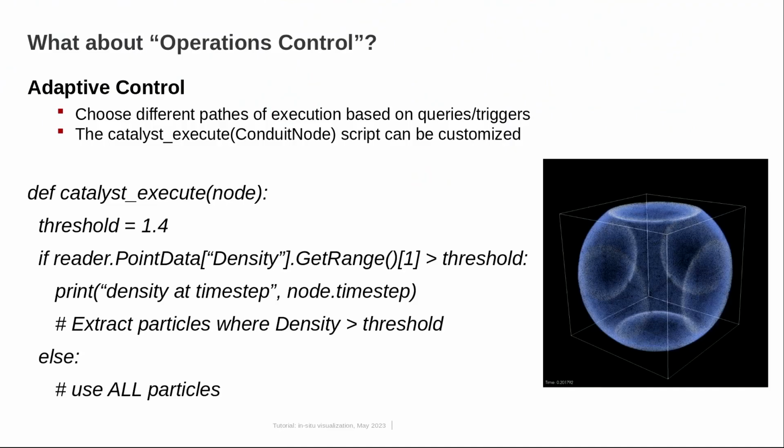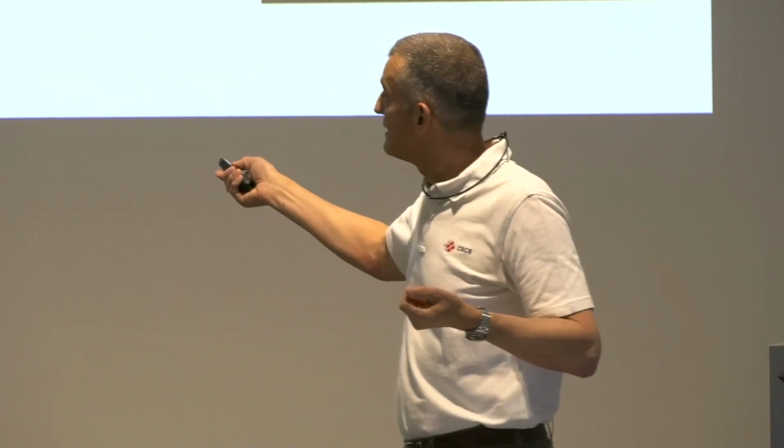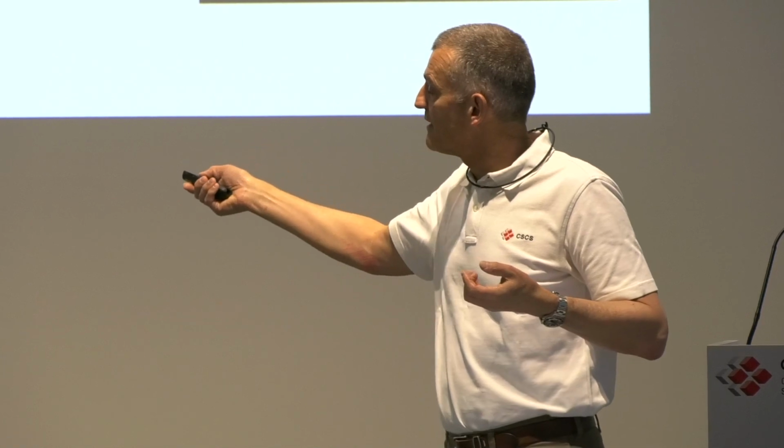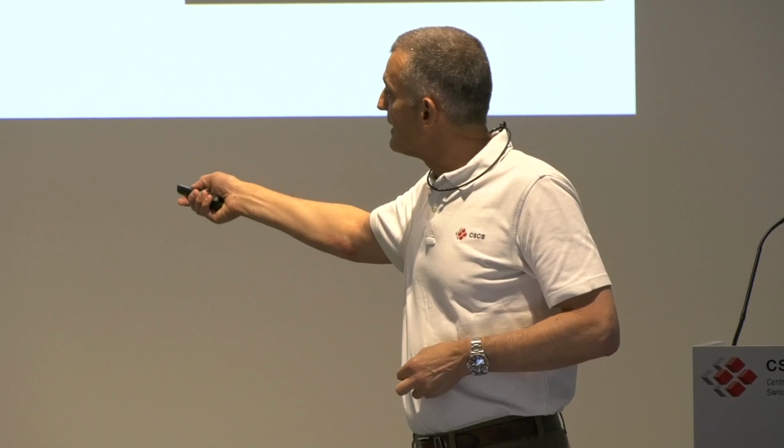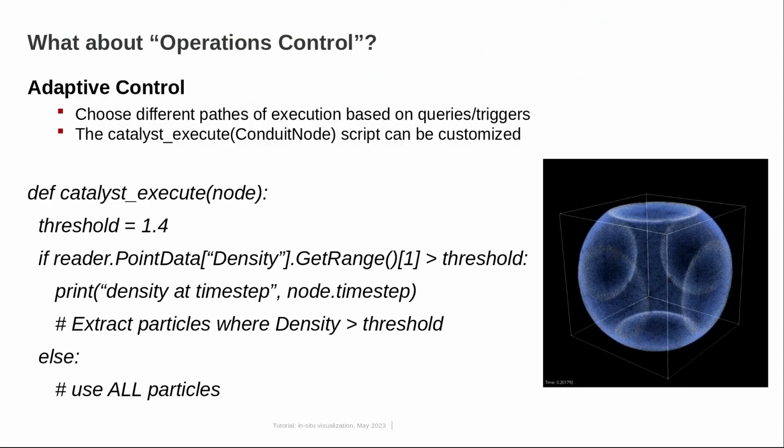My reader object has a dictionary called point data for each of the variable names. So you can get access to each of those variable data arrays and information pretty simply with this type of syntax. And then doing the extracting here would be a selection filter, which you can prototype with ParaView itself.